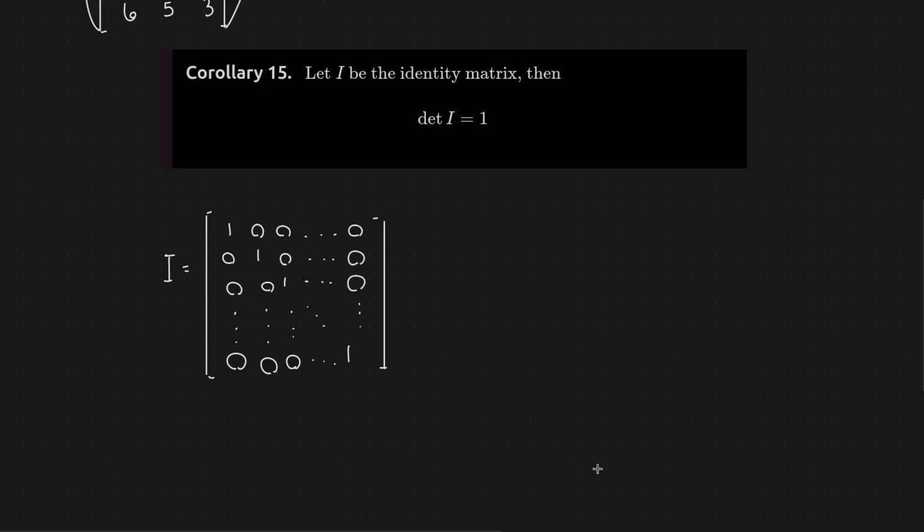A diagonal matrix is a special case of a triangular matrix. But because it's a special case of a triangular matrix, all we need to do is multiply the entries along the main diagonal to find the determinant. So that's going to be 1 times 1 times 1 times 1. If I just multiply a whole bunch of 1s together, I'm just going to get 1. And so the determinant of the identity matrix is just 1.